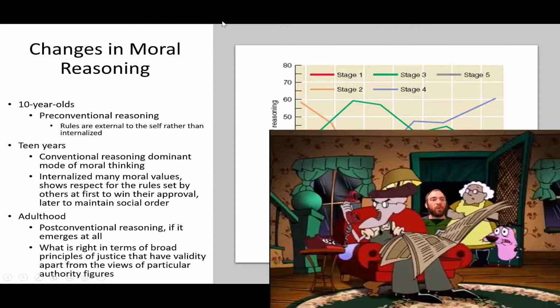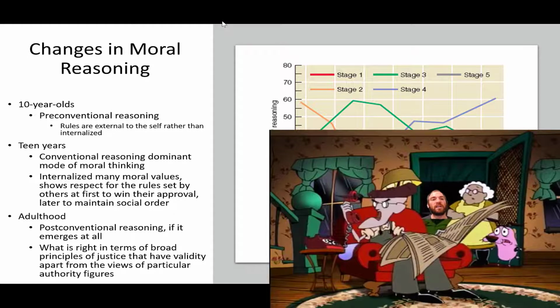Changes in moral reasoning during adolescence. At 10 years old, pre-conventional reasoning is the dominant Kohlberg stage of moral reasoning. In the teen years, conventional reasoning is the dominant mode of moral thinking. In adulthood, post-conventional reasoning emerges, if it emerges at all.